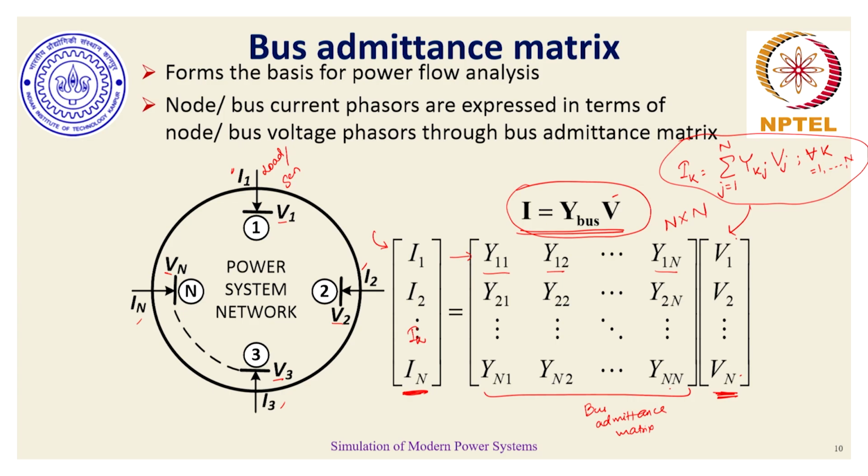The question still remaining is why the bus admittance matrix is important. The answer lies in the fact that our power network would have sources which would be in terms of power, which is inherently a product of voltage and current. If we try to solve the nonlinear power flow equations in the same order, then one problem is that we have one equation, but two unknowns or two variables.